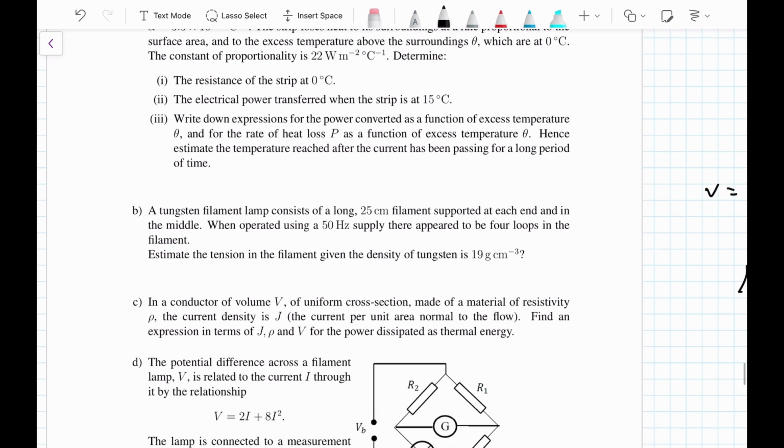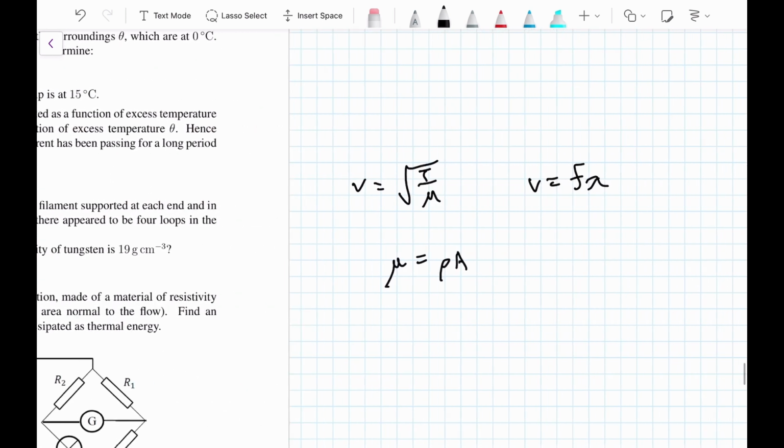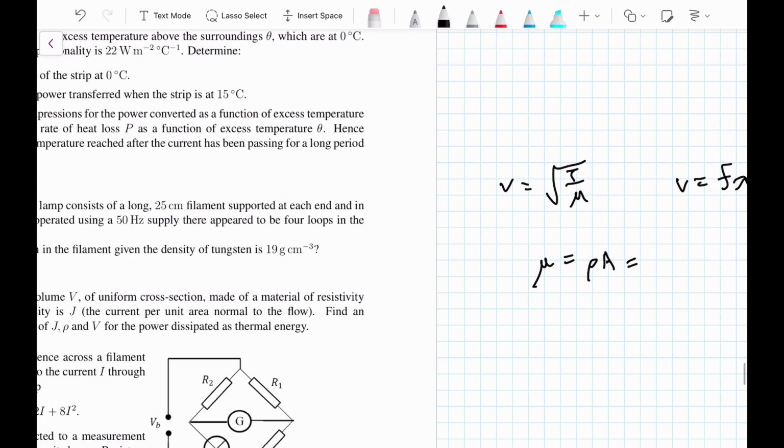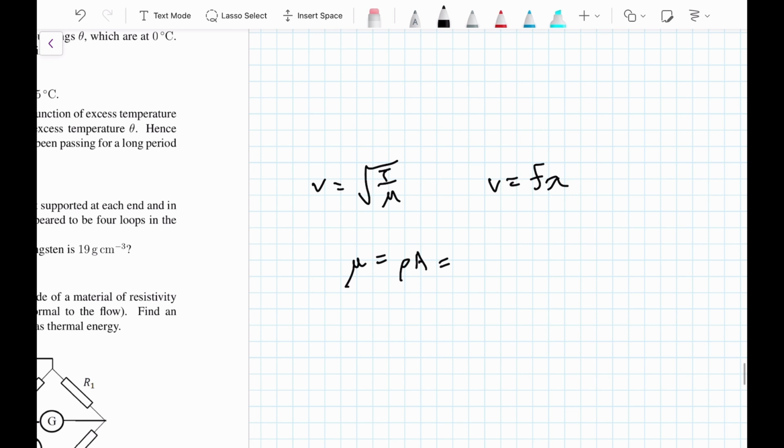Okay, so let's see. If we utilize 4 millimeters, the density is 19, and then we have to convert the units to kilograms per meter. That should be 10 to the 6 over 10 to the 3.